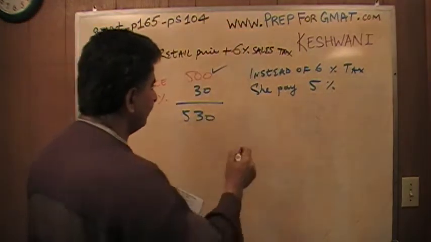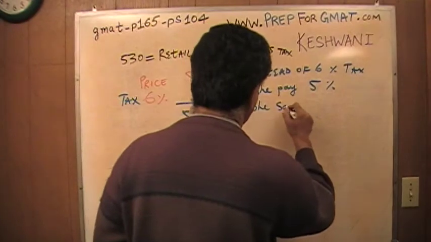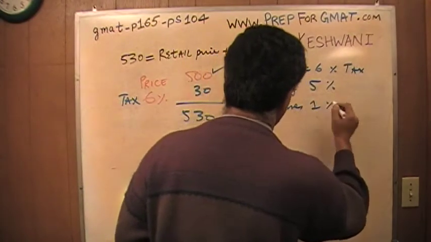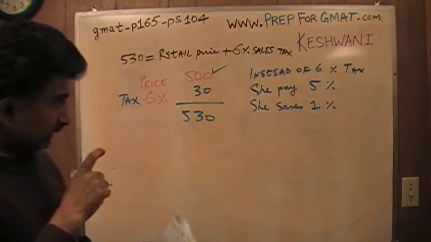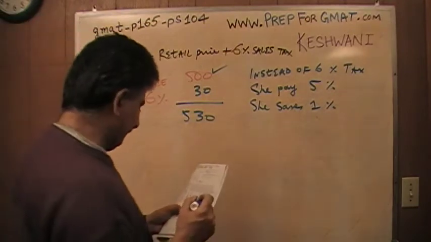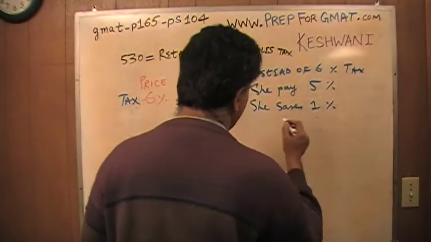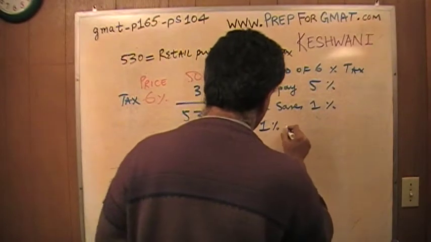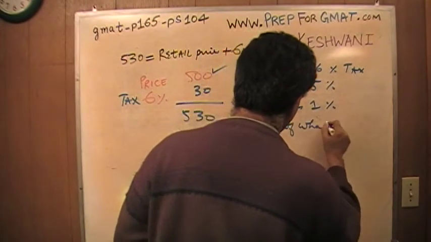So she saves 1%. The big question, the million-dollar question, is 1% of what?